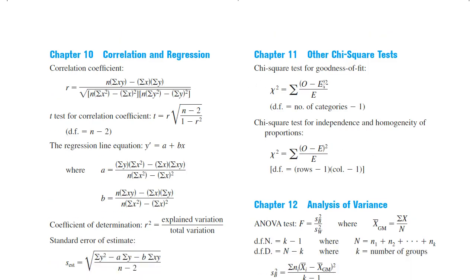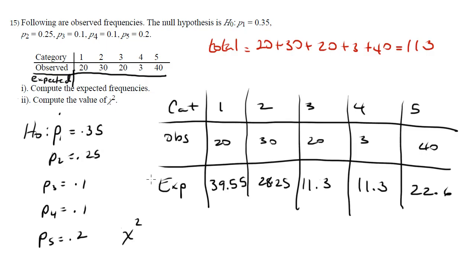Here's chi-squared: the sum of the observed value minus the expected value squared divided by E. That's a little annoying to write in, but we can do it.